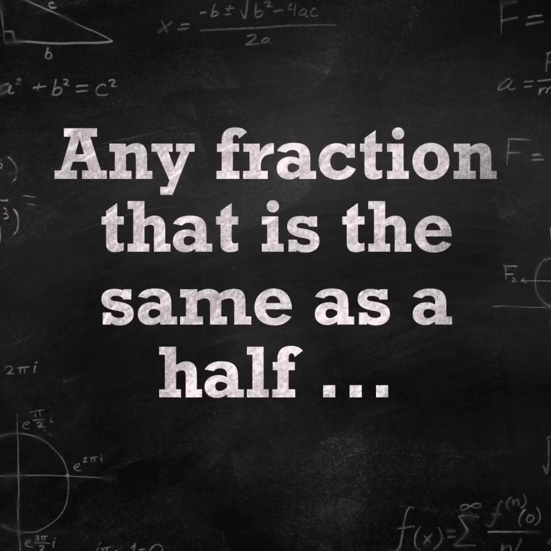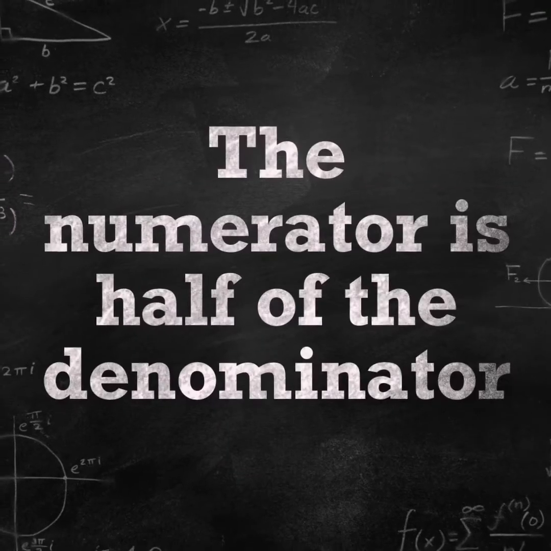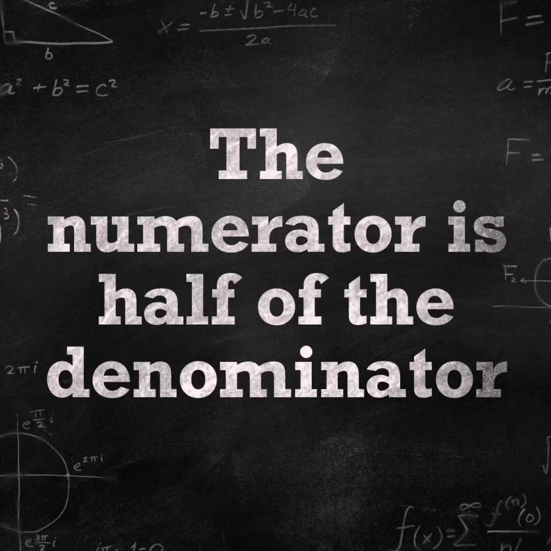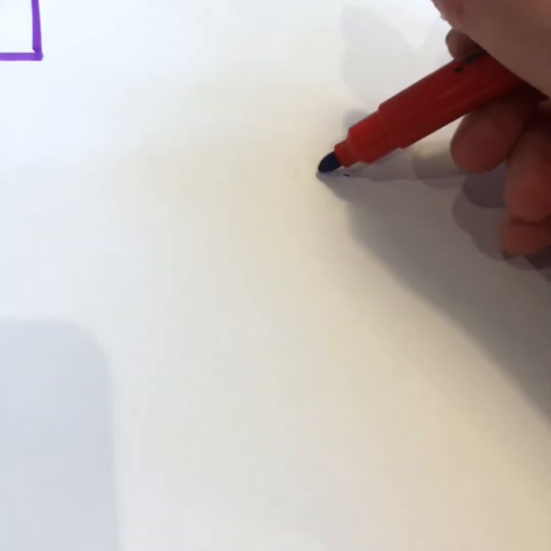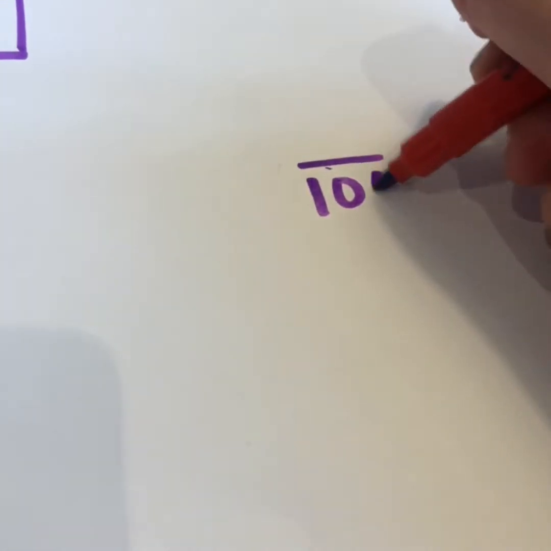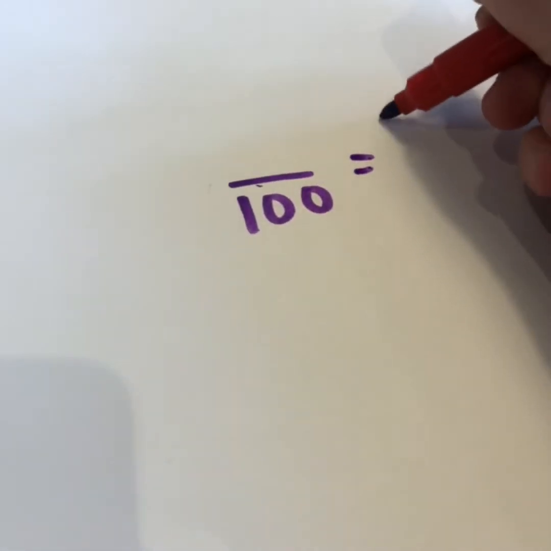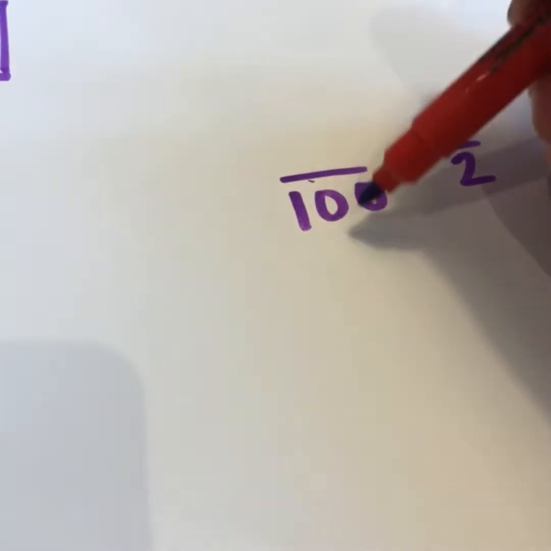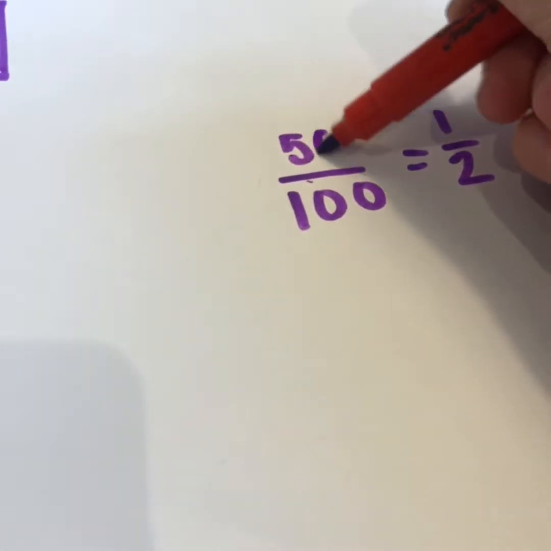Okay, so the rule is any fraction that is the same as a half, the numerator is half of the denominator. Here are some examples. So I'm going to pick any number, it could be 100. So to make it equivalent to a half, the same as half of 100, 50.